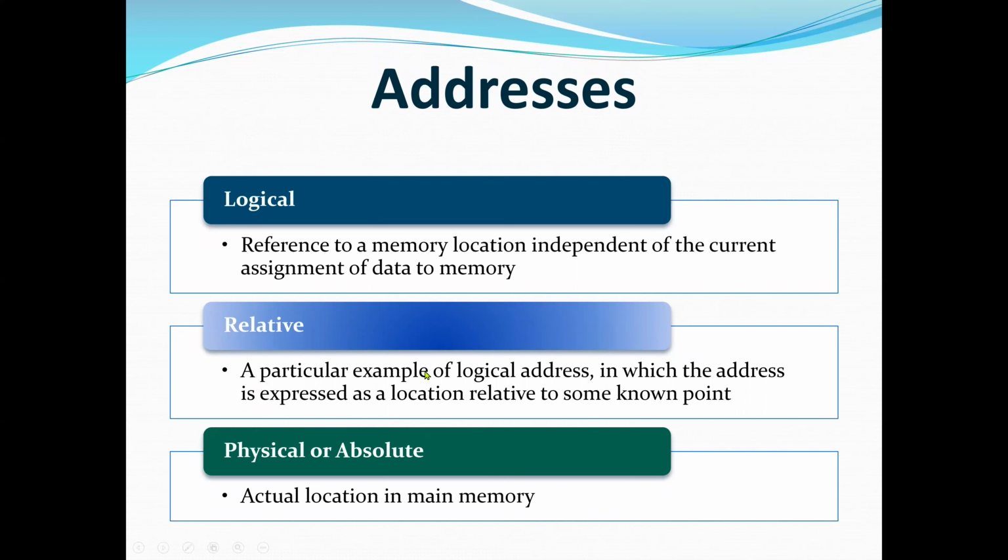We also have the addressing. We have the logical address, the relative address, and also the physical address, also called the absolute address. The logical address refers to a memory location independent of the current assignment of data to memory.